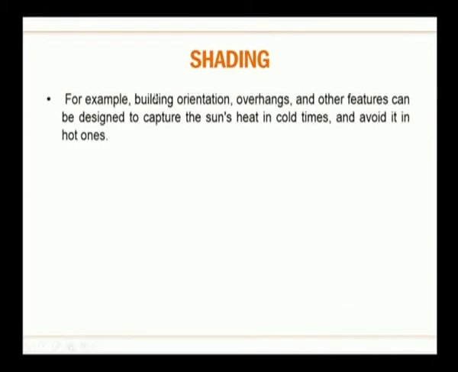For example, building orientation, overhang and other features can be designed to capture the sun's heat in cold climates and avoid it in hot ones. So it is not just for one climate, you can make your design change according to seasonal variations also.